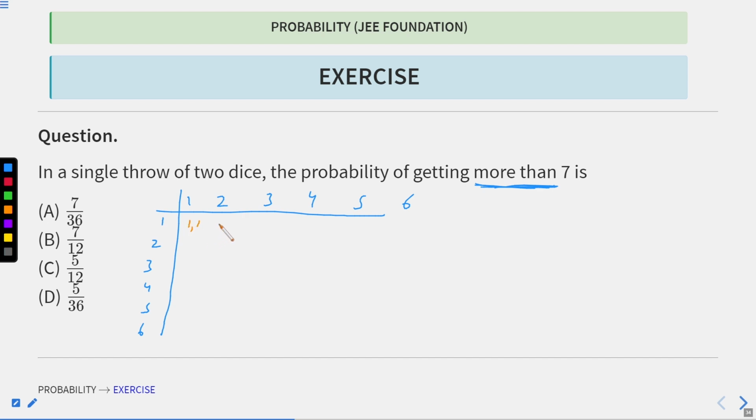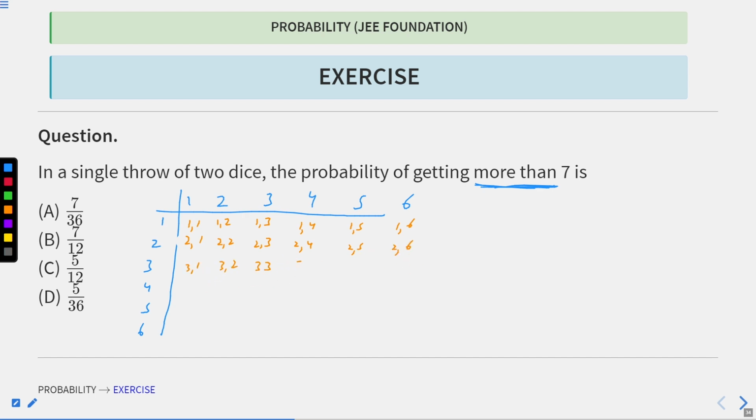1 comma 1, 1 comma 2, 1 comma 3, 1 comma 4, 1 comma 5, 1 comma 6. Sorry, this will be 2 comma 1, 2 comma 2, 2 comma 3, 2 comma 4, 2 comma 5, 2 comma 6, 3 comma 1, 3 comma 2.